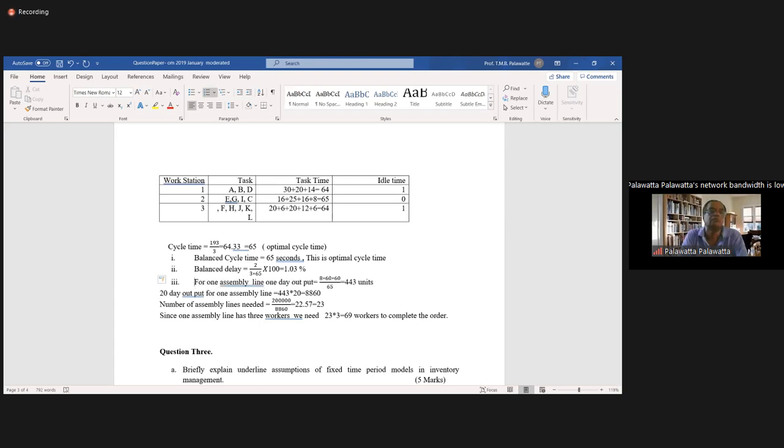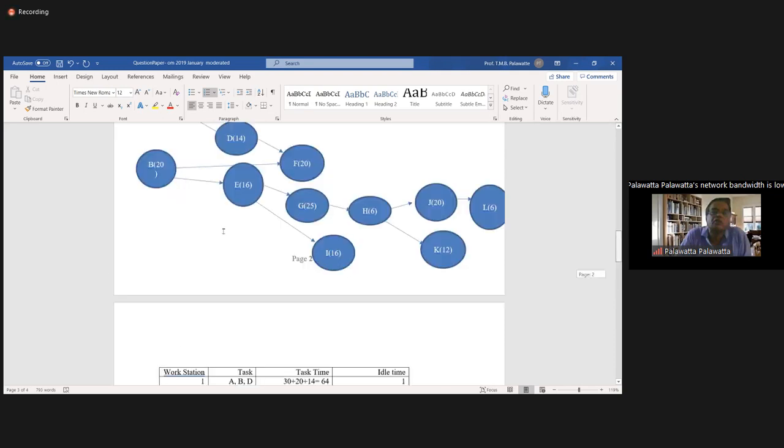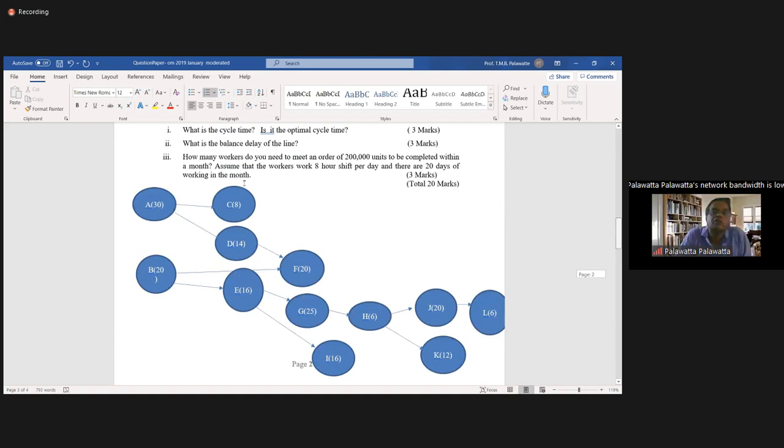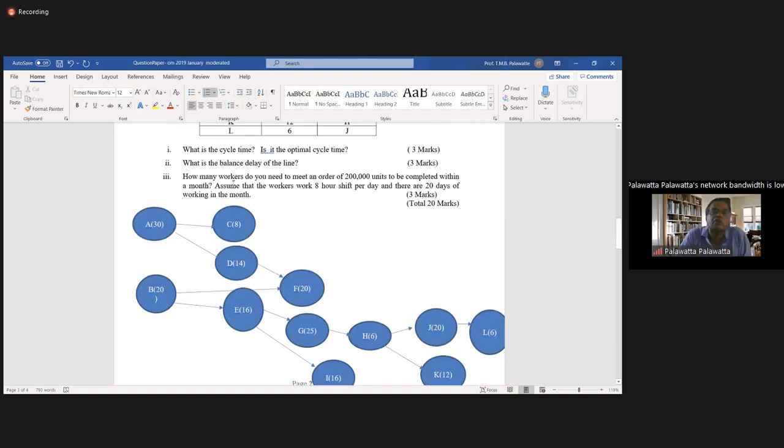And then we need to calculate, in order to produce 200,000 units in the month, how many workers do we need to meet an order of 200,000 units to be completed within a month? Assume that the workers work 8-hour shift per day and there are 20 days of working in the month.